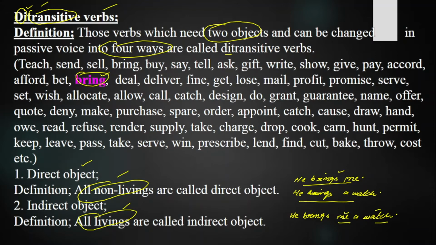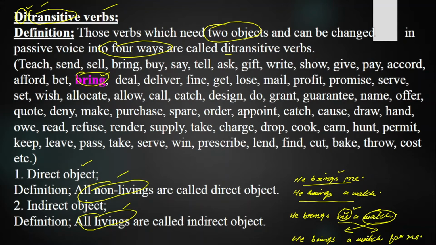For me. And if you want to bring the indirect object at the end and the direct object at the beginning, if you want to shuffle their places, keep in mind that we will be using a preposition with the indirect object me. Like if I say he brings a watch for me.